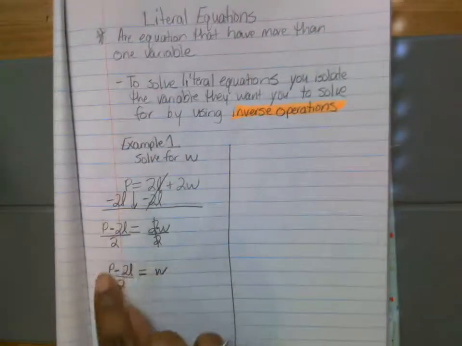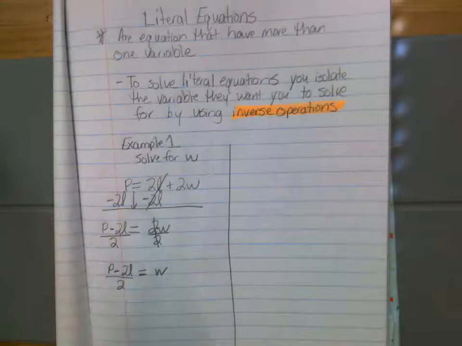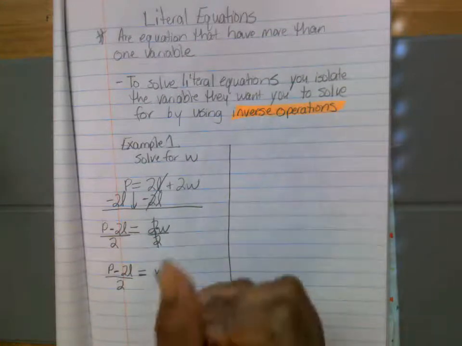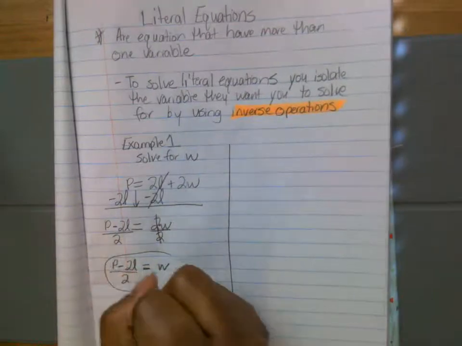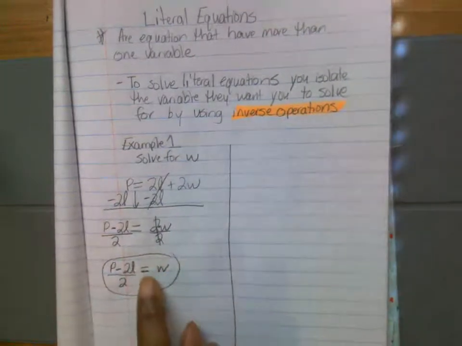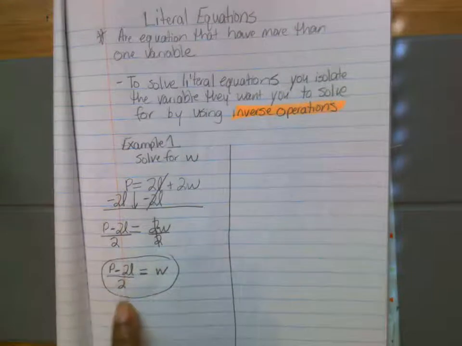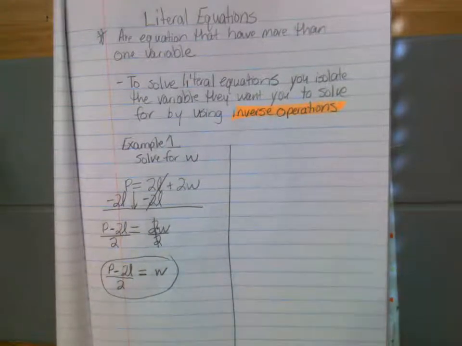And you can even simplify this a little bit more, but we'll stop right there for now. I don't want to give you too much at one time. So this is going to be your answer. W is equal to this expression over here. Questions about that?